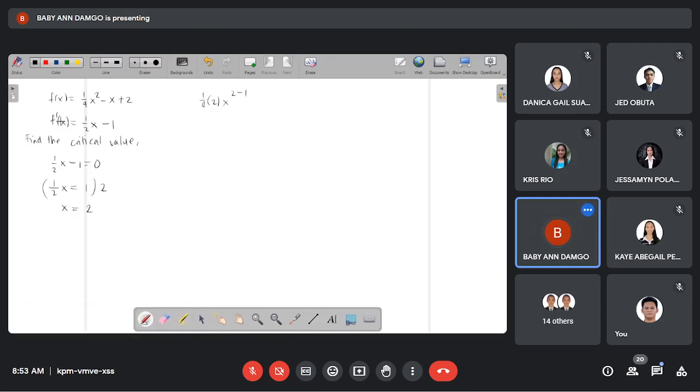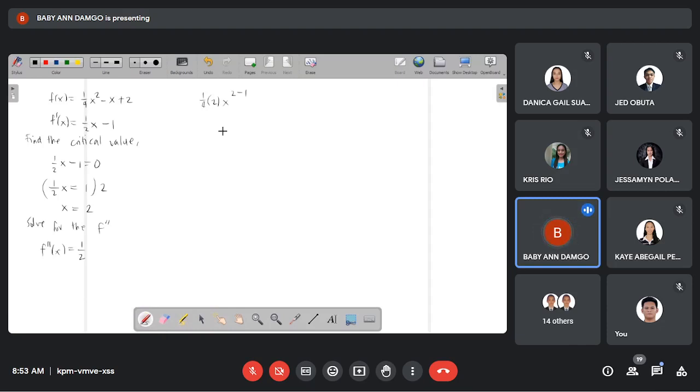Okay, next, so we need to solve for the f double prime. Okay, so from here, f double prime of x is equal to 1/2. So that is the derivative of 1/2 x minus 1.